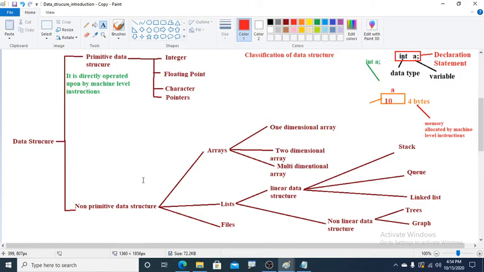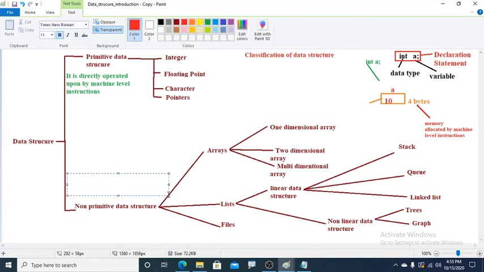Non-primitive data structures. I am going to write the definition right away. Let us concentrate. So what do you mean by non-primitive data structure?